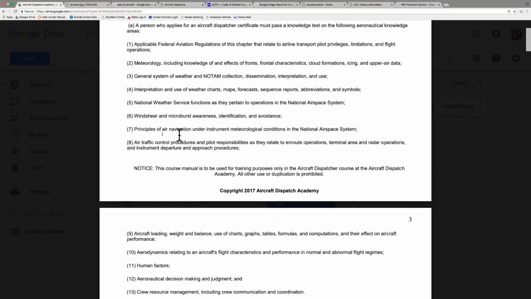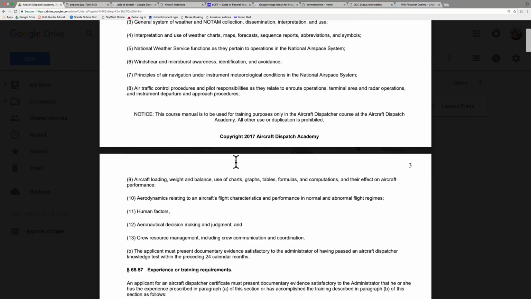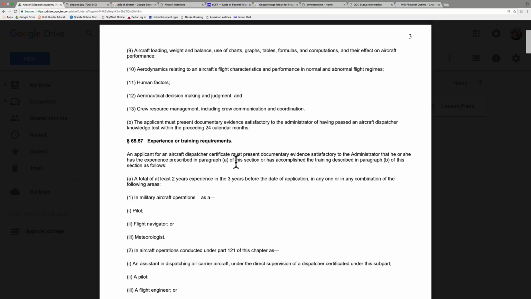We need to know a little bit about the air traffic control procedures. A lot of our job, we're dealing directly with air traffic control as far as what's going on. What airports are overloaded right now and can't handle any more aircraft. When weather really slows down, how many airplanes they can get into an airport at a given time.